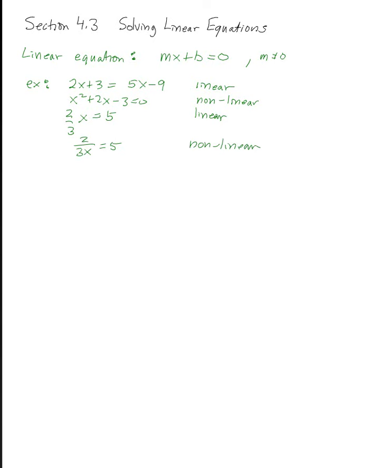To solve linear equations, there are two rules that, again, I'm guessing you have seen before. I'm guessing you're familiar with this. Rule number 1 is you can add or subtract anything to both sides.